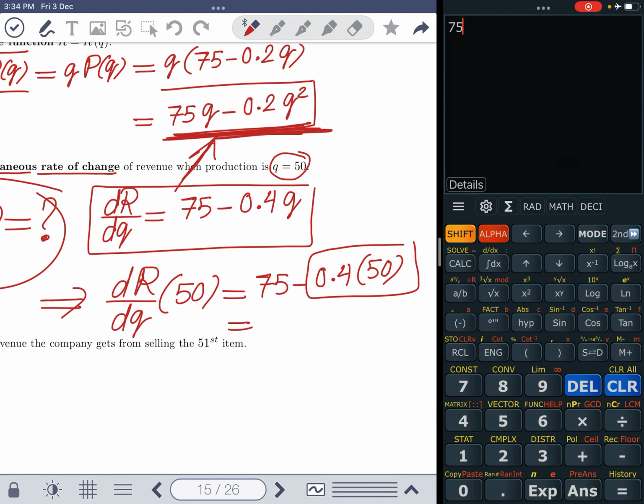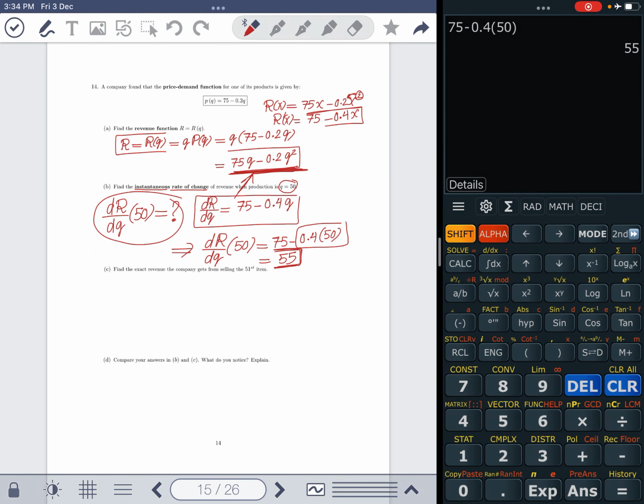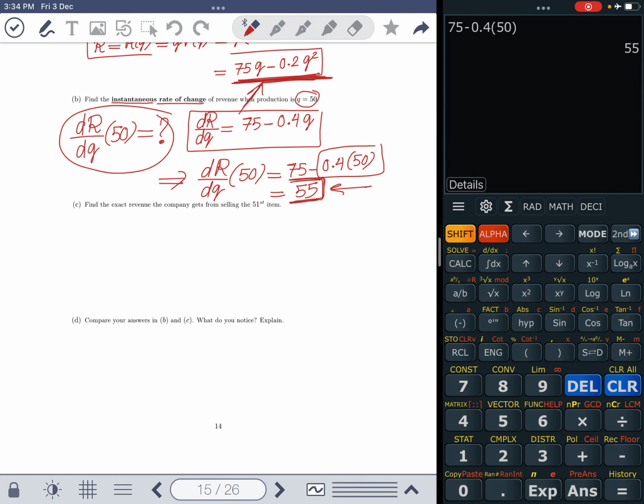So 75 minus 0.4 times 50 equals 55. With a positive answer, it's an increasing function. So R is increasing near 50 because this is positive and it's 55. That's the derivative at 50.